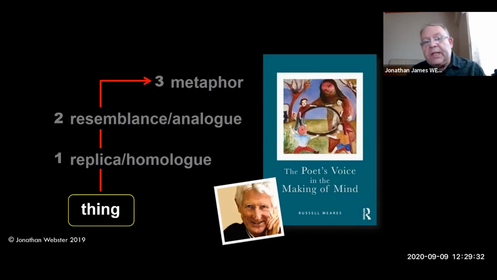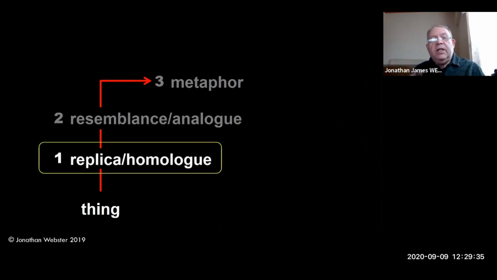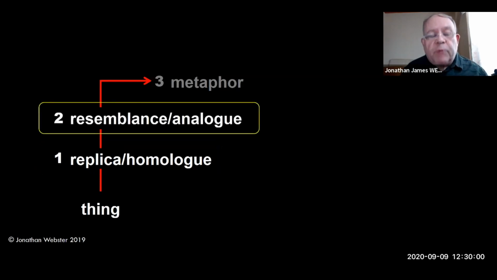First of all, we notice that a child is able to have what we call homologs. They're replicas. They're an exact copy of something. Now, the direction that we are going here is not abstraction, but pattern matching. From replica to resemblance, a resemblance between what we're looking at and what the thing is.